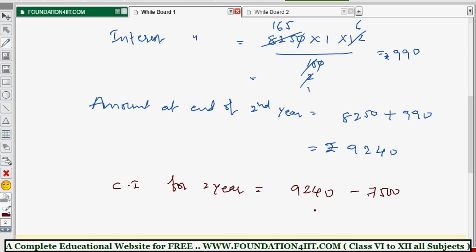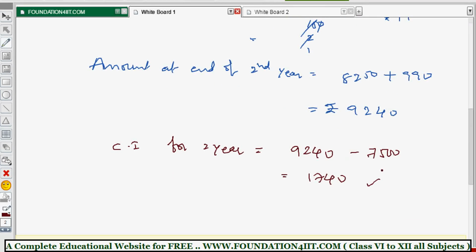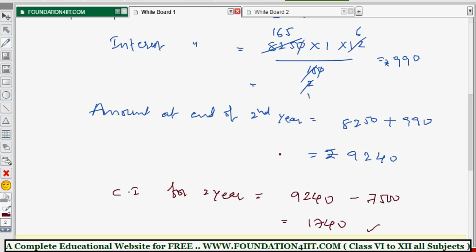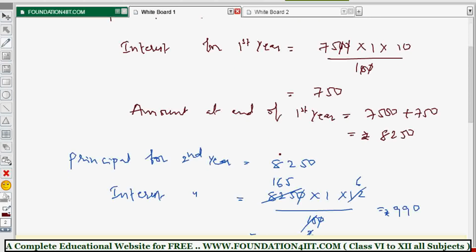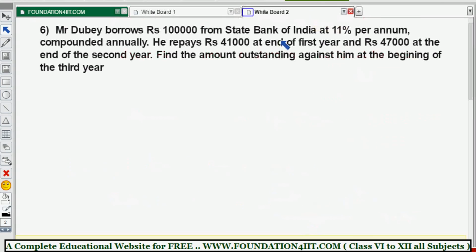If you subtract both, that is 1,740. So this is the interest and the amount is 9,240 at the end of the second year, right? The only thing is, whenever the rate of interest is changed, we take account of that. So here it is 10%, 10 by 100, and then 12%, we take 12. The rest of the thing is same like previous ones.